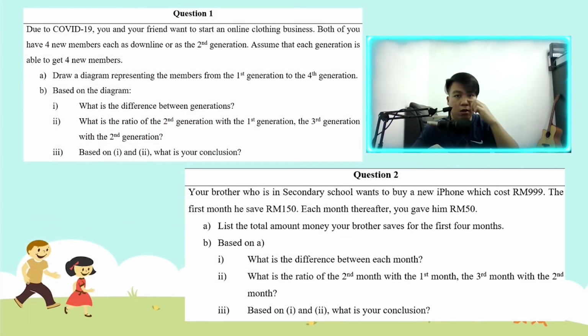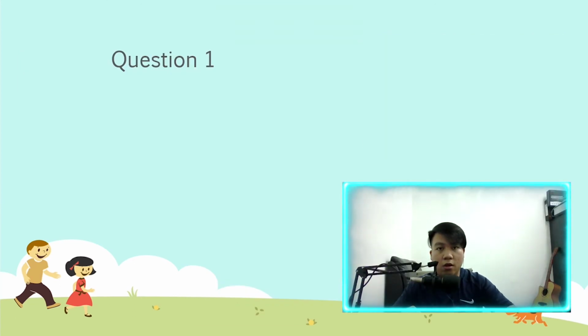As you can see here, both question 1 and question 2 part D are asking about the same thing, which is how to find the common difference and the common ratio of both questions given. For question 1, to find the common ratio we use the formula R equals term 2 divided by term 1, and R equals term 3 divided by term 2, and the answer will be 4.